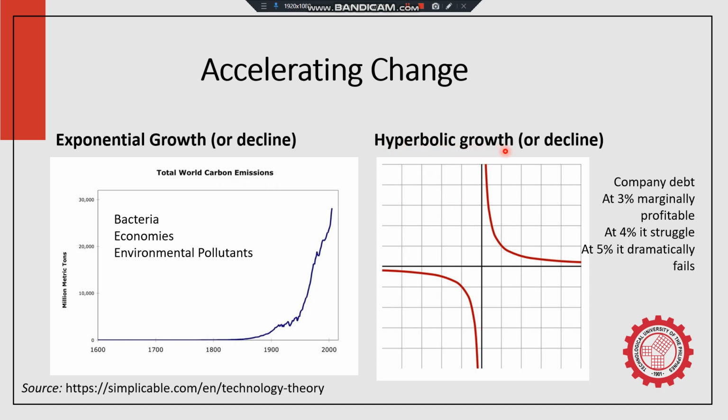For the hyperbolic growth, as you could see from the graph, it's either a growth or a decline. Notice that in this case, as we know, the hyperbolic graph is asymptotic to a certain line, which means it's infinite.